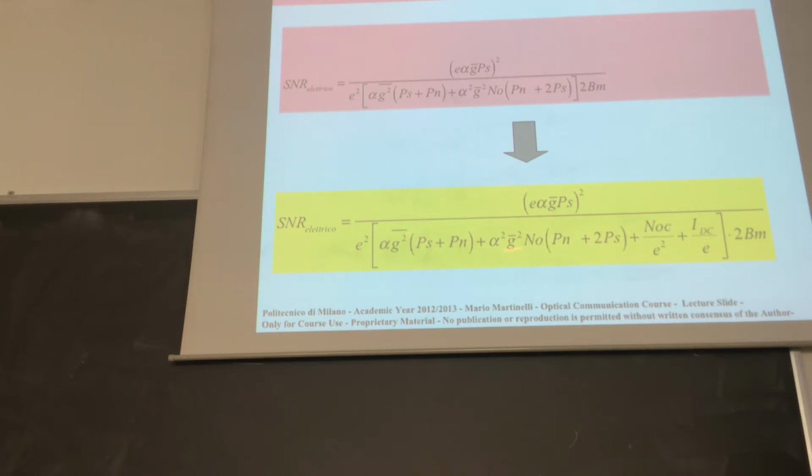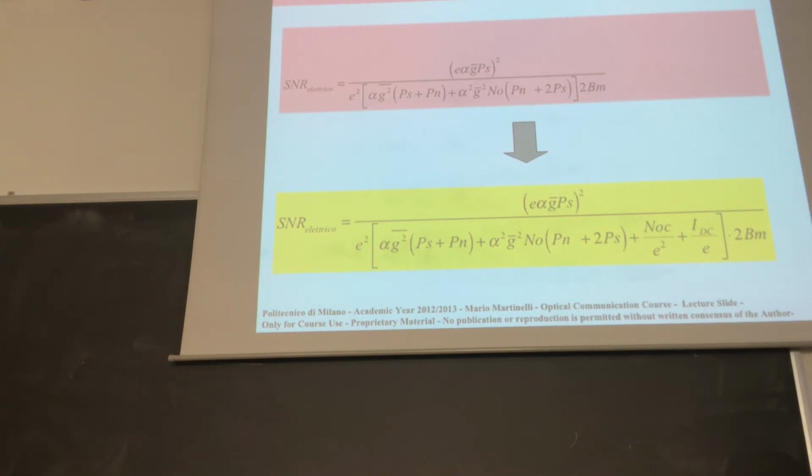Then we consider the photodetection statistics, and we discover that they produce this corpuscular term and this beating noise, that's the wave term here. And then finally we summarize all this by introducing the filter Bm and the filter Bo here, okay? And so we built the signal to noise.